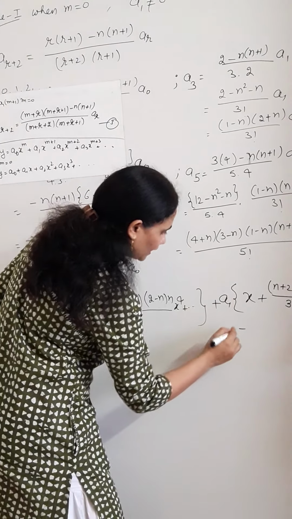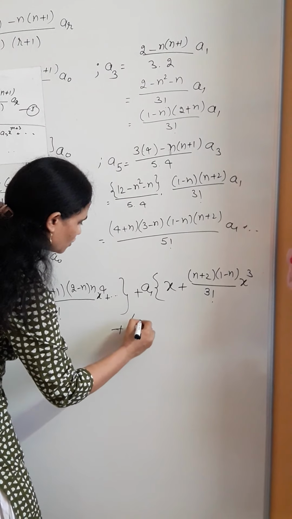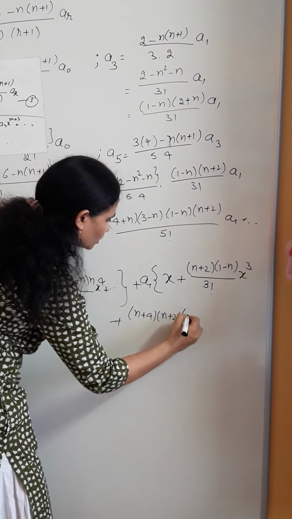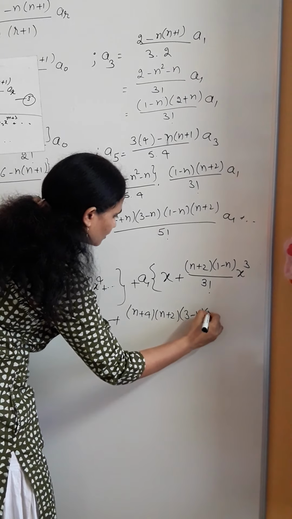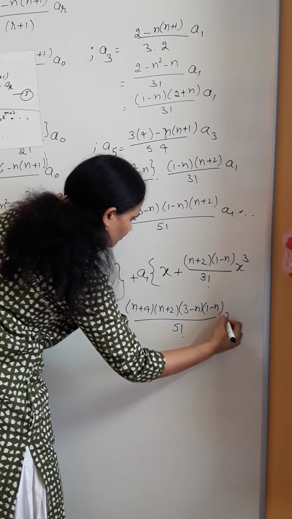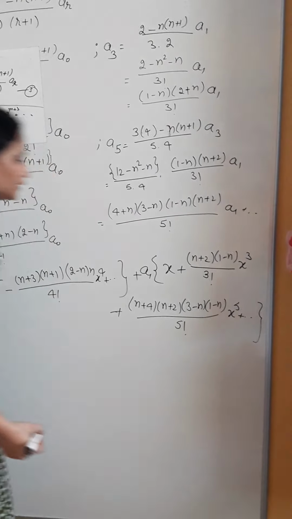So what I am getting here? Plus n plus 4, n plus 2, 3 minus n, 1 minus n divided by factorial 5, x power 5. I hope you are able to see the pattern.